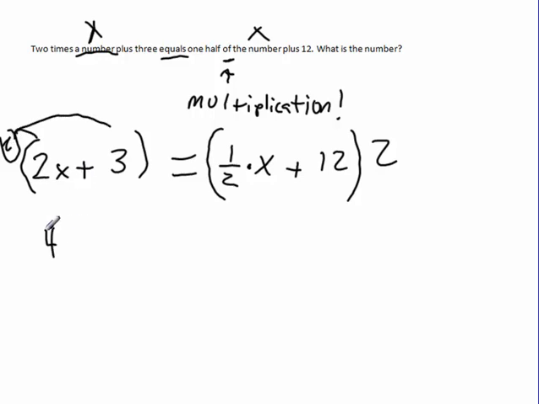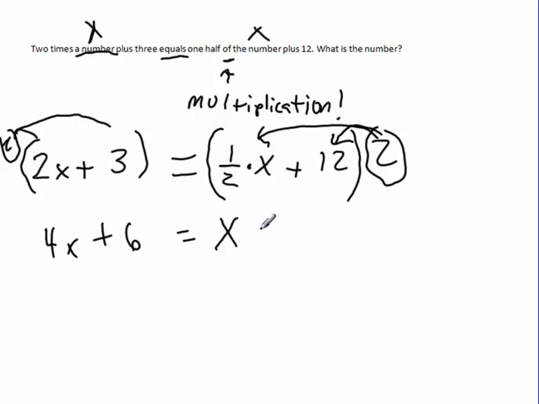So I get 4x plus 6 equals, I'm going to take this 2 and distribute it to this 1/2 x and this 12. And I end up with x plus 24, because 2 times 1/2 is just 1. So 1x plus 2 times 12, which is 24.